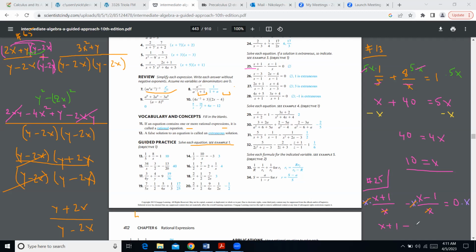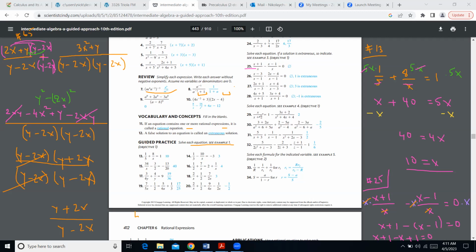Also minus x minus 1. Notice that I have to subtract the entire x minus 1 here because we are subtracting the whole fraction. And this gives us x plus 1 and then minus x and plus 1, which is equal to 0.